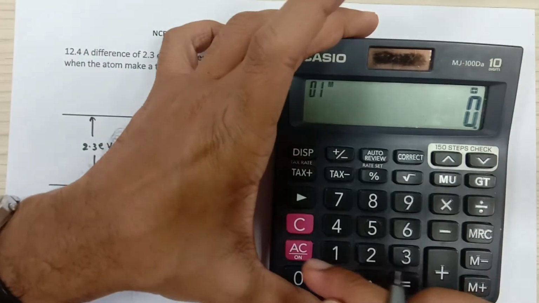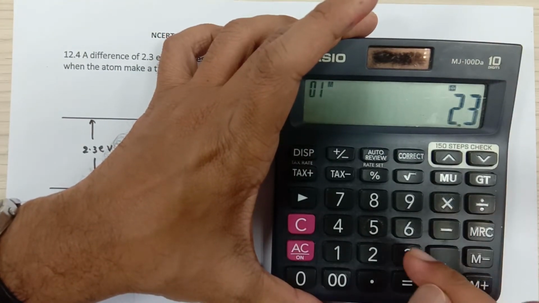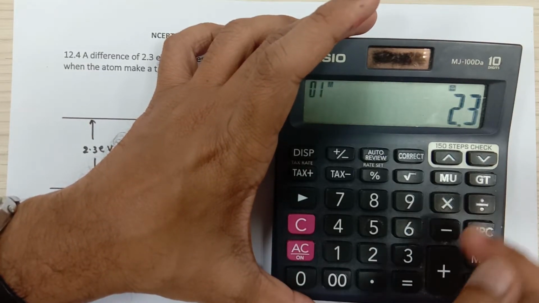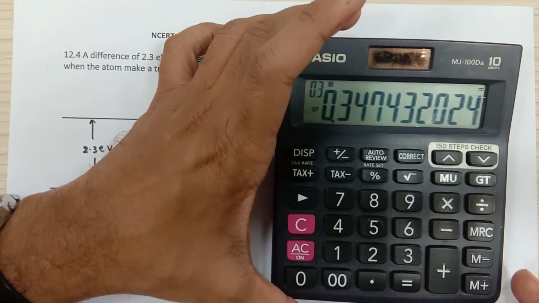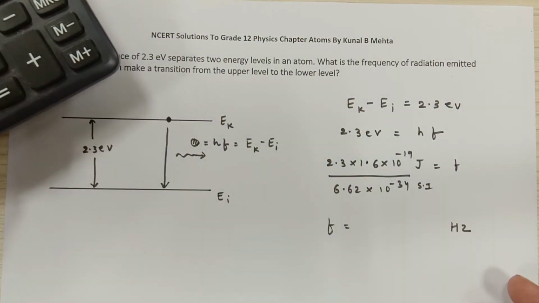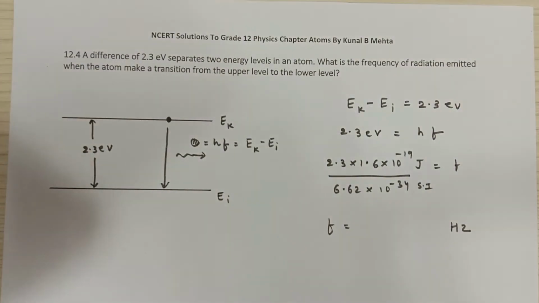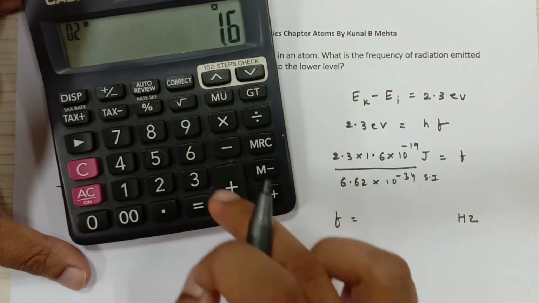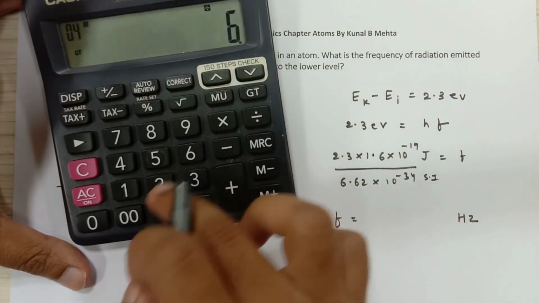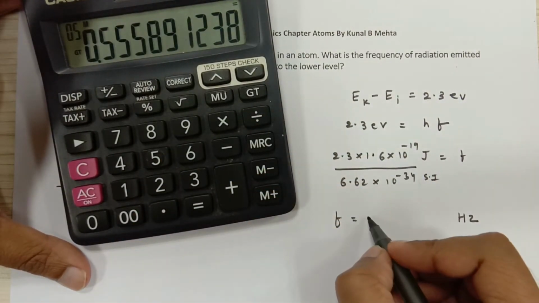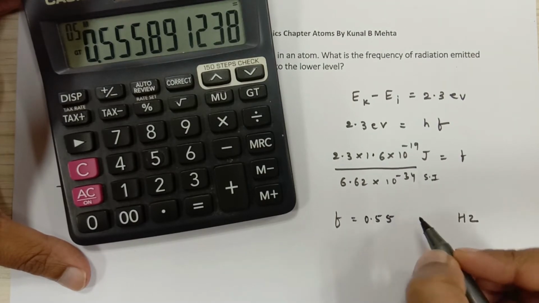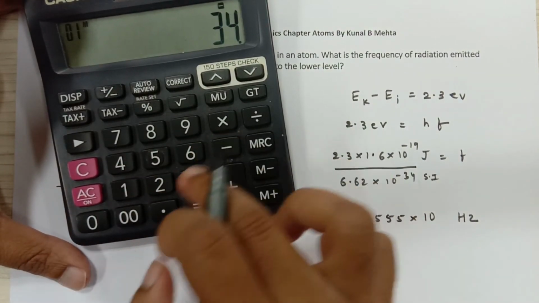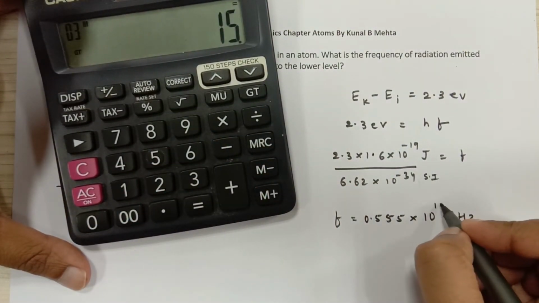Let us calculate that: 2.3 multiplied by 1.6 and divided by 6.62 is 0.555 into 10 raised to 34 minus 19, so that is 10 raised to 15.